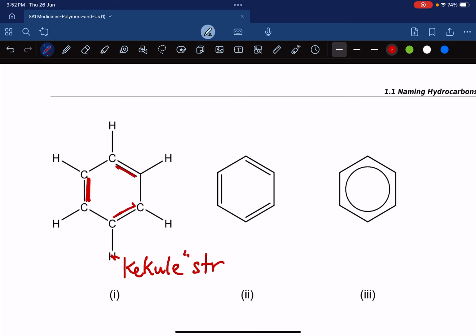So you might think that this is actually an alkene, and you could be right. Initially, around the 1880s, this was first discovered. Smells nice, right?